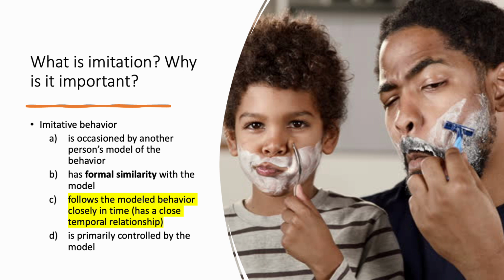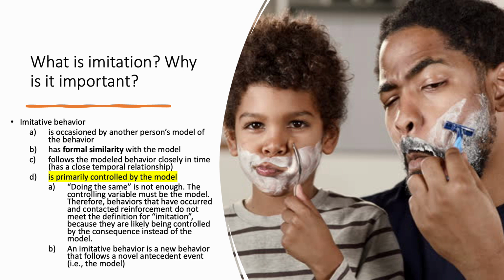And so it's really difficult to know whether the model was truly controlling the behavior. And so because of that, the textbook definition or the technical definition of imitative behavior is that behavior has to occur really close in time to the modeled behavior, okay?